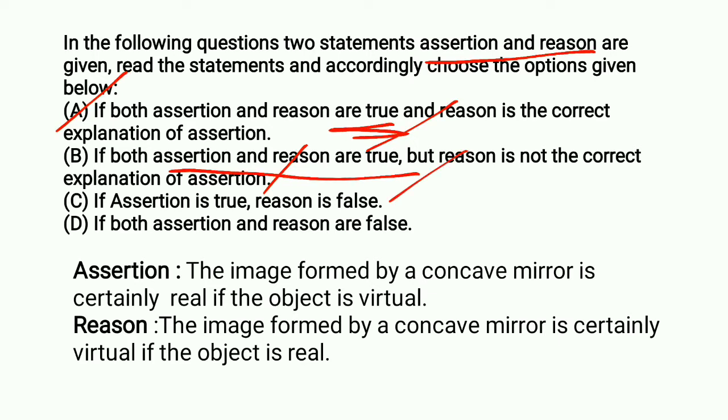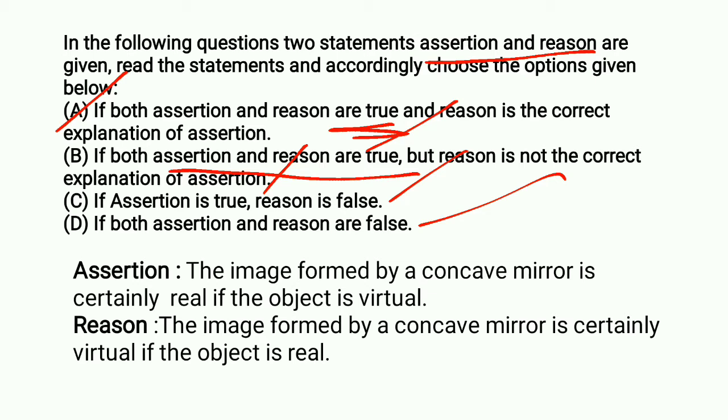And option D: if both the assertion and reason are false, both the statements are false, then we have to choose option D. So let's see the question number first.